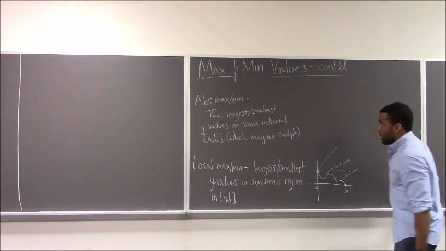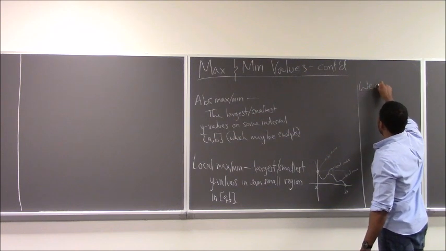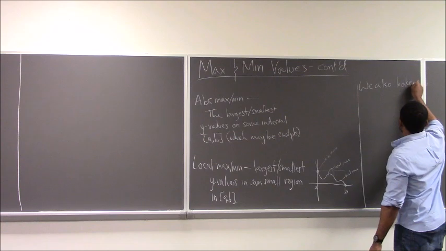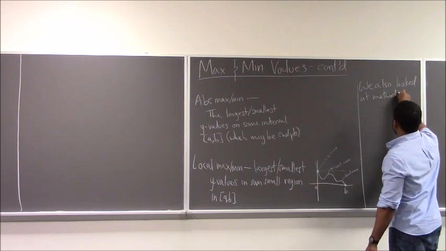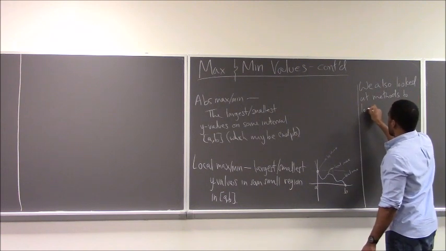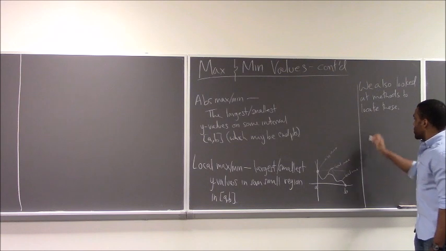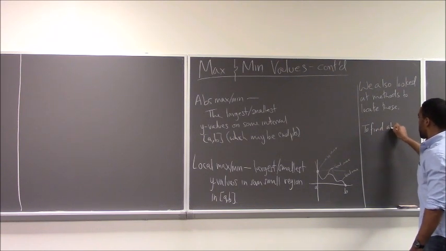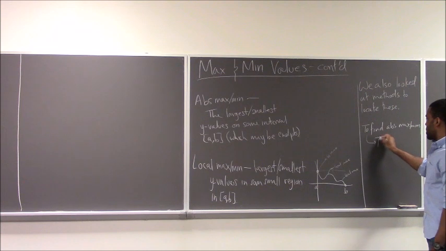We also spoke about how to find absolute max and mins. The method we used was called the closed interval method.